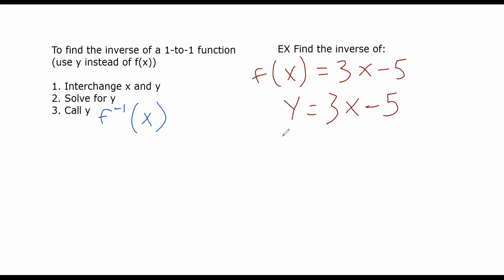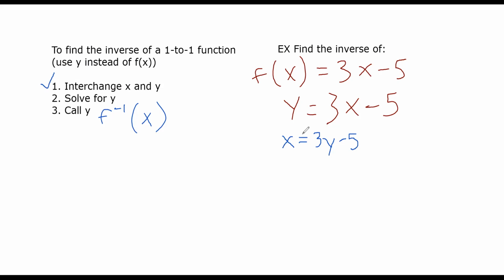Where once there was y, now there is x. Where once there was x, now there is y. The first shall be last, and all that business. So we flip-flopped them. So we've done step 1, very good. That was kind of the easy step.